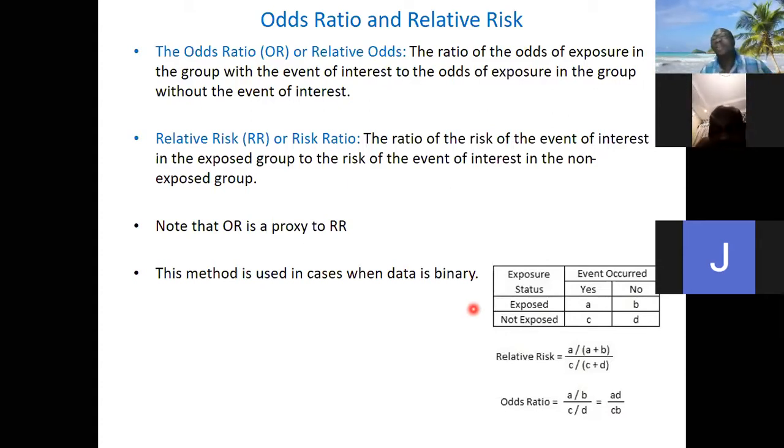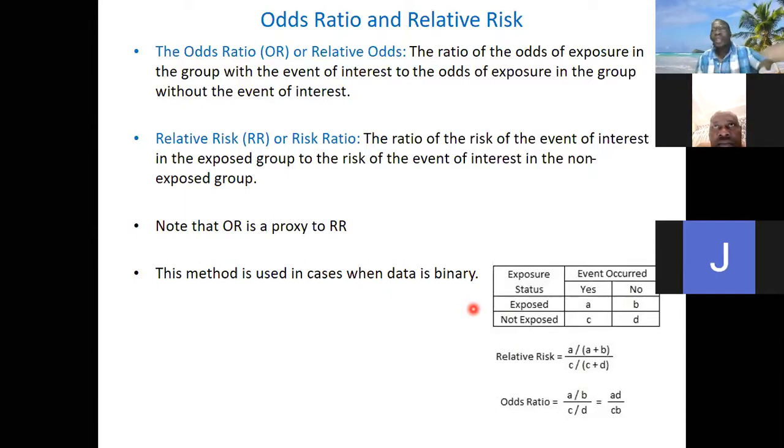If smoking is causing lung cancer, before lung cancer comes, he will have done the smoking in the past. So you cannot calculate the probability of something that passed. So you now calculate the odds, the probability that he smoked in the past over the probability that he didn't smoke. That's the odds. So odds of smoking among the people that have lung cancer divided by odds of smoking among the people that don't have lung cancer.